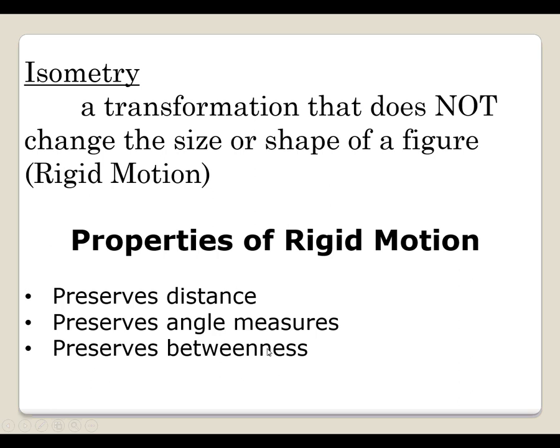Another thing, it will preserve betweenness. So what that means is that if there's a point between 2 other points, like if point B is in between A and C, so you kind of just have to picture it. If a point is in between 2 points, after it moves, it will still be in between 2 points. And lastly, this kind of goes along with what I just said, it preserves collinearity. That's a fancy word, right? Collinearity means points lie on the same line.